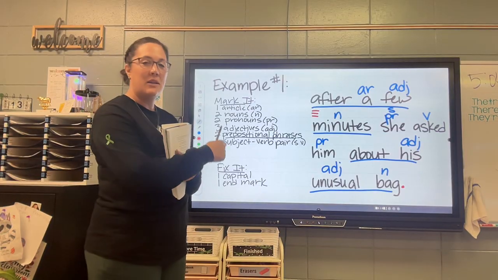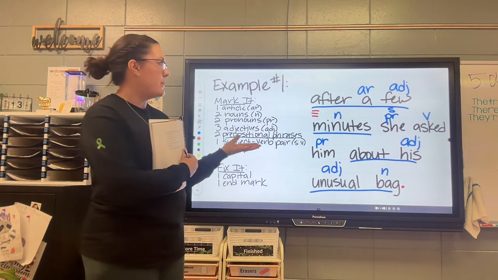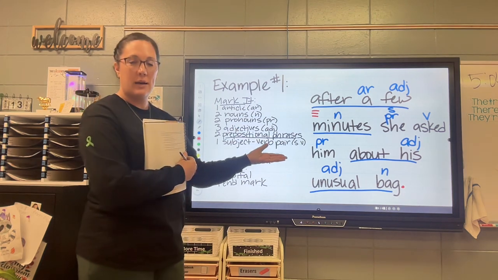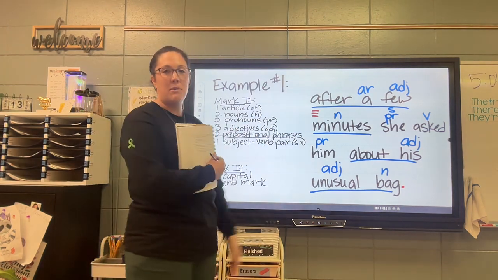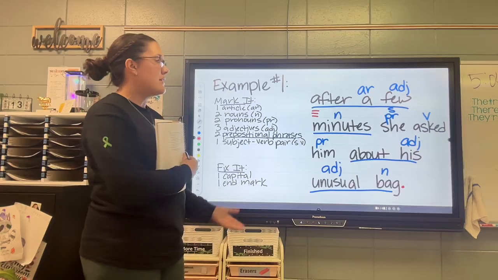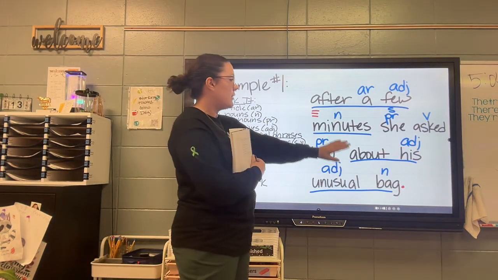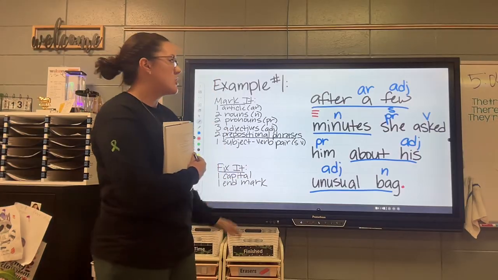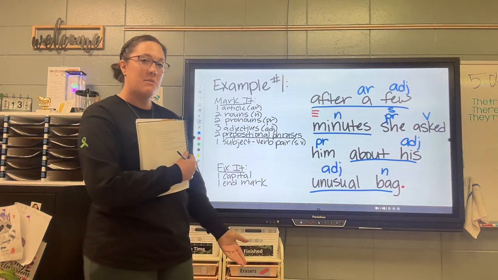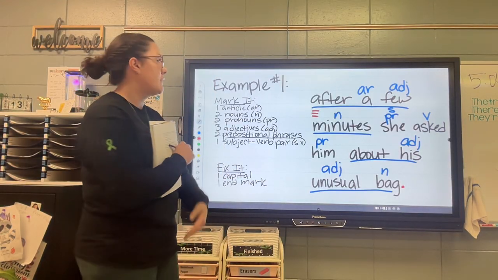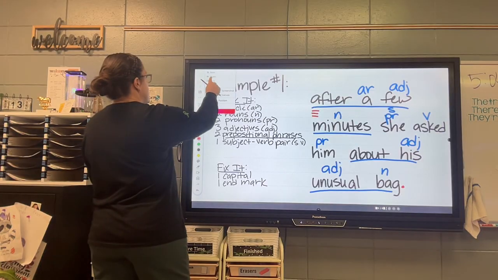Okay, so this is what it would look like. And then normally in class what we would do is rewrite the sentence correctly with all of the changes that we made if we made any. Okay? In this case, the only changes that we actually made are the capital letter and the period. We just labeled the rest of them, but sometimes we do have others. Okay? So let's do another practice.